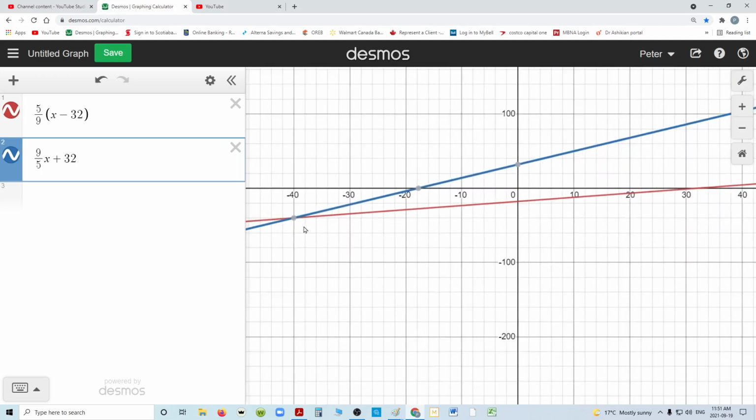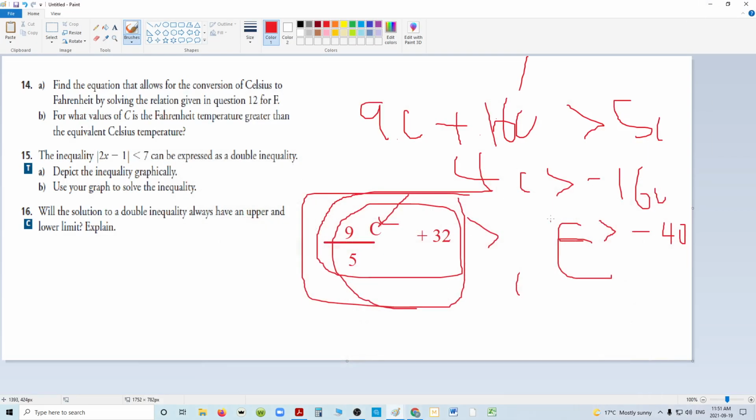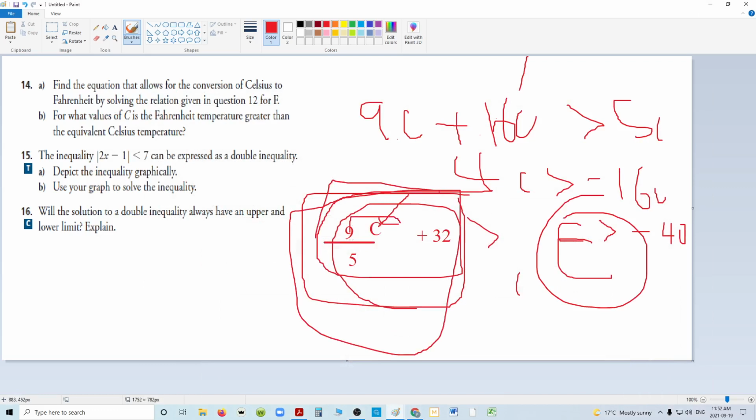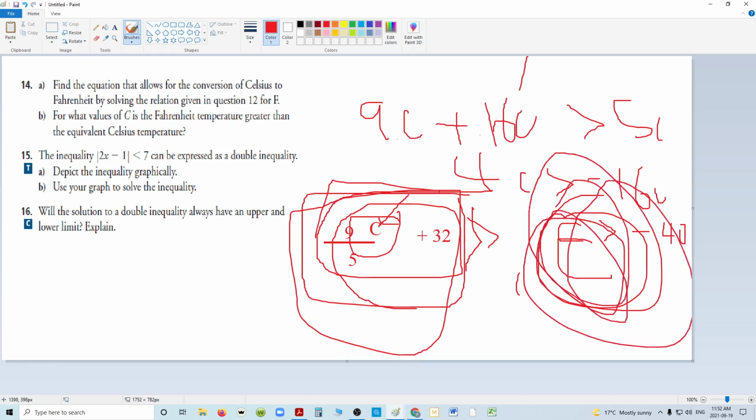So according to me, sure enough, there it is. The red line is above the blue line when Celsius is greater than minus 40. Now, I suppose I could have used these equations and made them equal, and asked when is the red line bigger than this, and that's another way of going about it. But instead I just said I'm going to make Celsius equal to one side and make the formula for Fahrenheit bigger than just the Celsius. There's no need to put a formula in for Celsius, seeing as I'm just saying when is it bigger than the C.